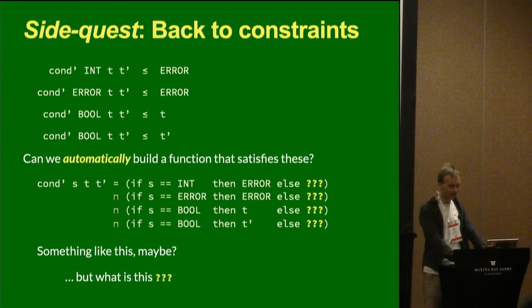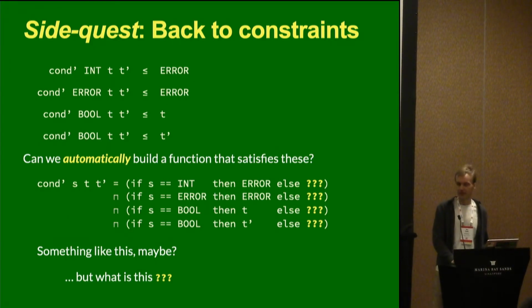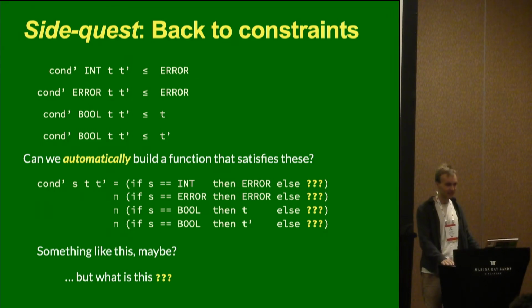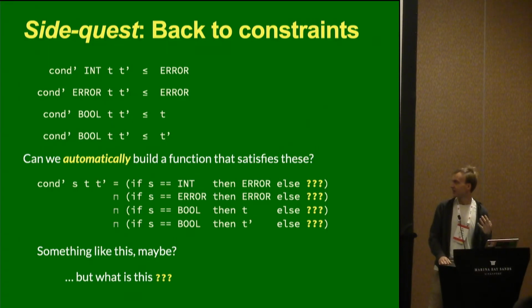If we come back to these constraints that we calculated in the previous step, you remember after doing this reverse implication strengthening, not weakening, sorry, step, we get these 4 constraints, and I just want to write down a function that satisfies these. It doesn't feel like it should be that hard, right? I just want to say, okay, if the first argument of my conditional is an int, then just give me an error.